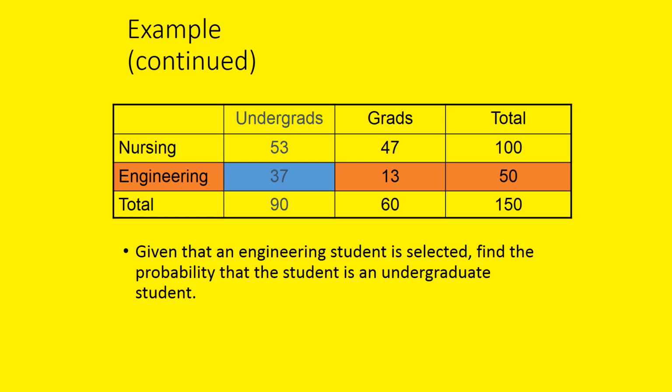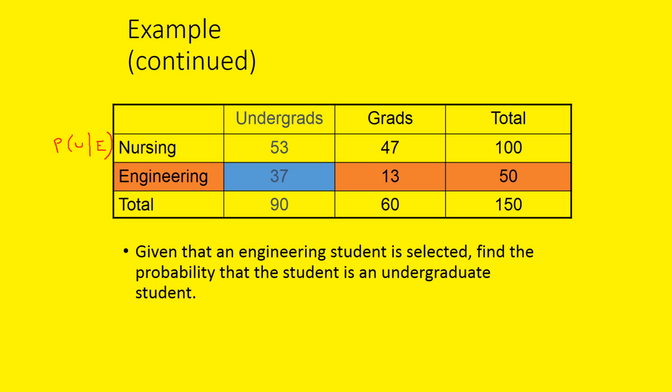Given that an engineering student is selected, okay, so just the geeks are allowed now. That's the universe. Find the probability that the student is an undergrad. So now it's the probability of undergrad given that you know the person is a geeky engineering student.